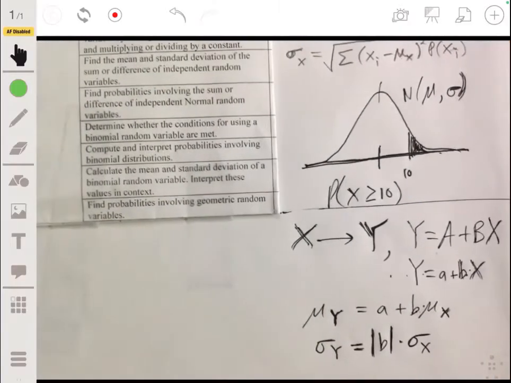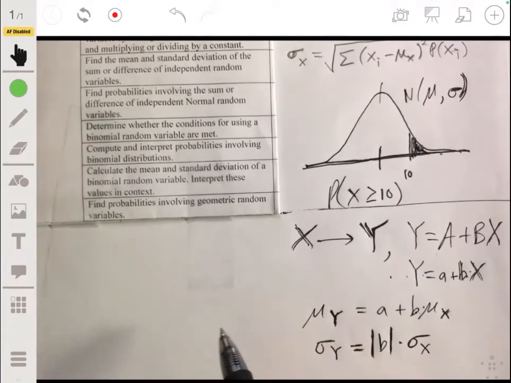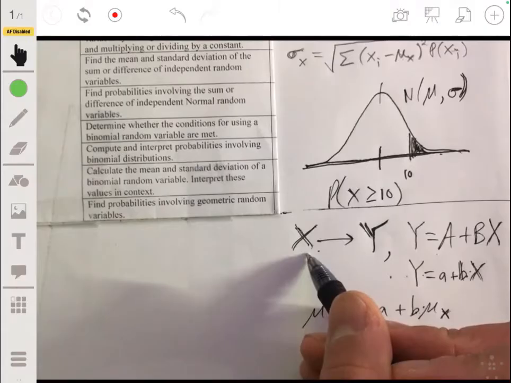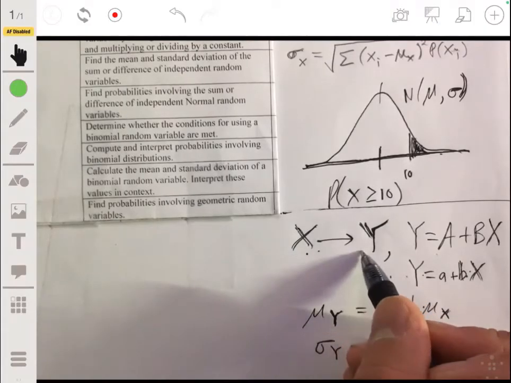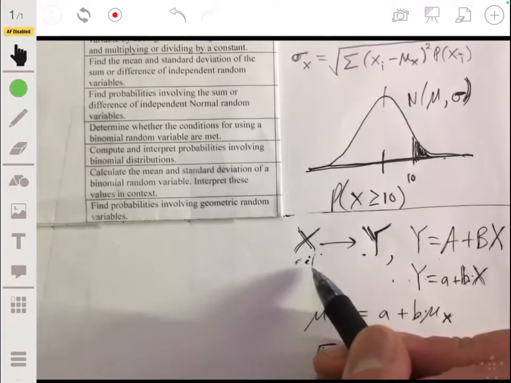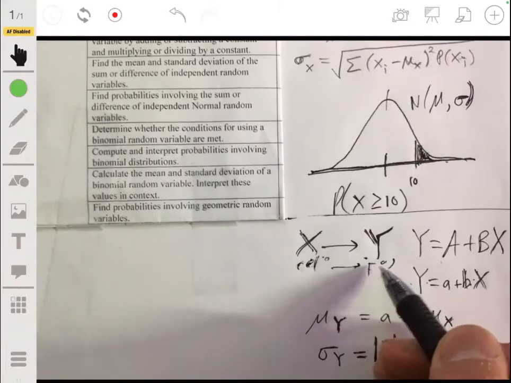So that's what we're talking about. So a simple example, the very common example is when we're talking about temperature, and we're changing from degrees Celsius to Fahrenheit, or let's say Fahrenheit to Celsius. But let's say we're going from x in Celsius to y in degrees Fahrenheit. So we want to change from Celsius degrees to degrees Fahrenheit.